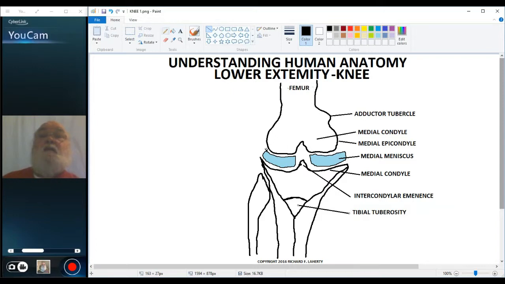We have the lateral condyle of the femur.